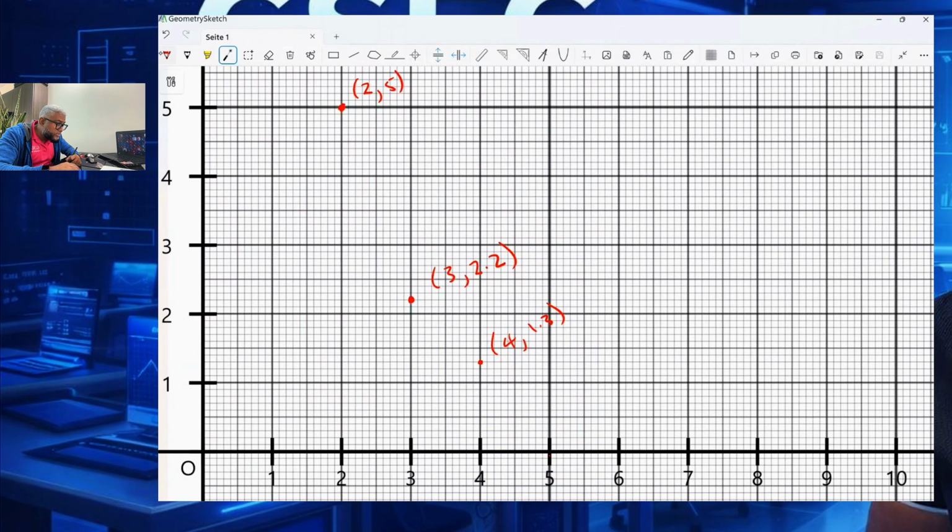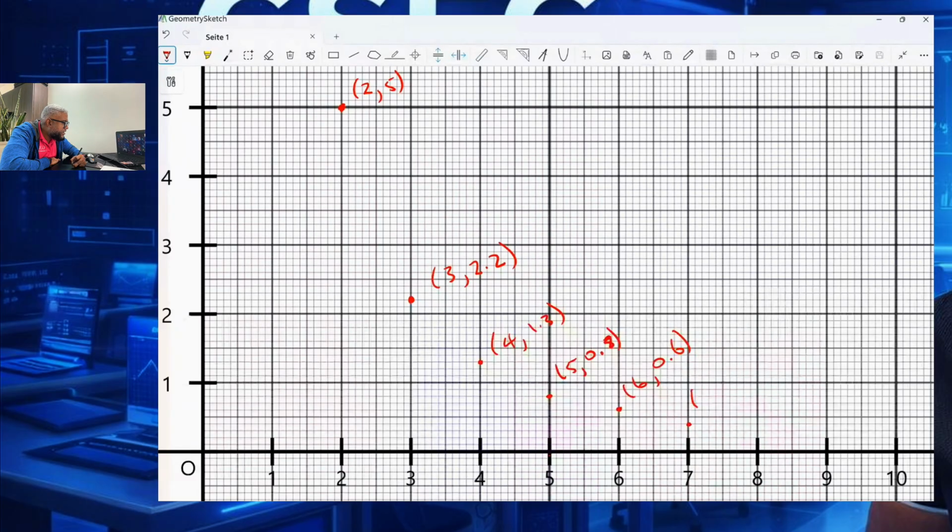So this will be 5, comma 0.8. Next one, 6, comma 0.6. So 0.5 is here, 0.6 would be here. And my last point would be 7, comma 0.4. So 0.5 here, so 0.4 would be here.